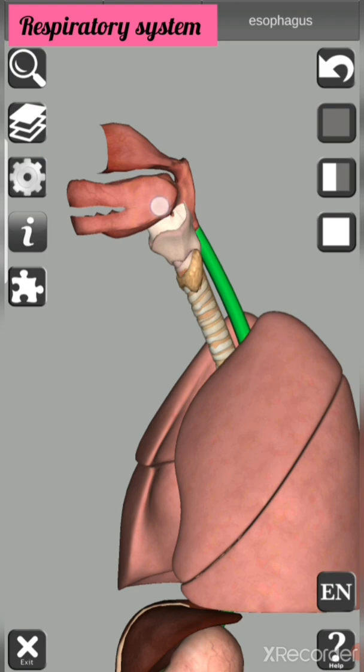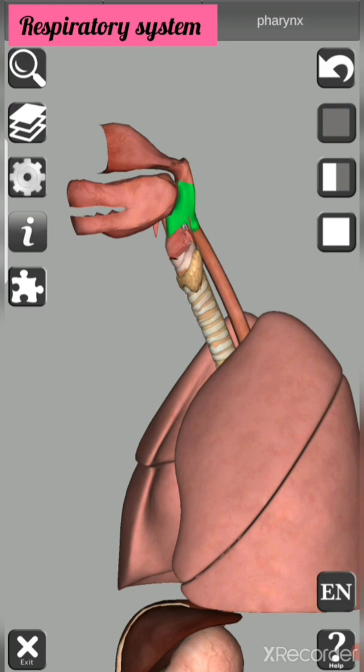From our mouth, this food pipe and this windpipe originate here in this particular part. Here you can see our windpipe and food pipe get separated. This is our food pipe, also known as the esophagus, and this one is the windpipe, which is the trachea. So where are they originating? Over here.